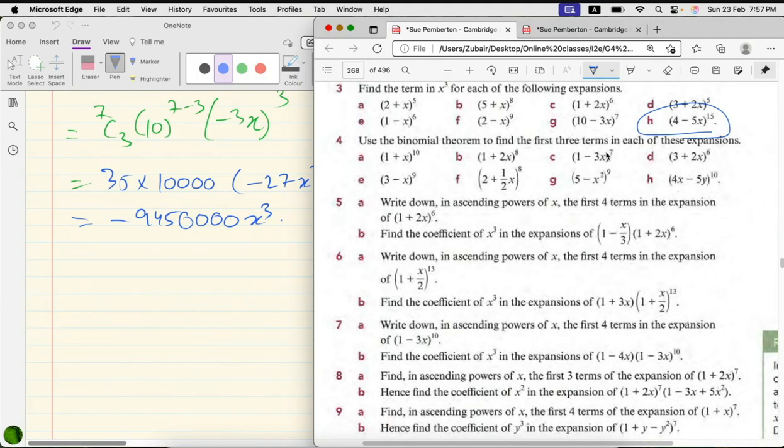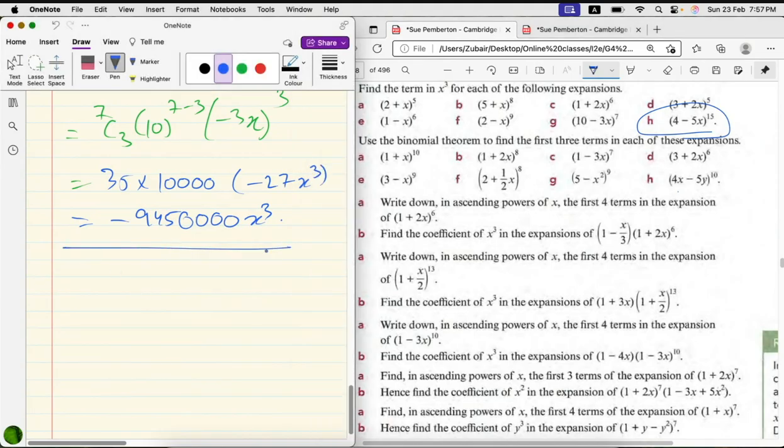Okay, that says plus 3 terms. Quickly do this one again: 4 minus 5x raised to the power 15.